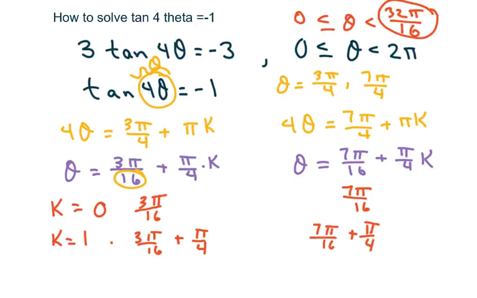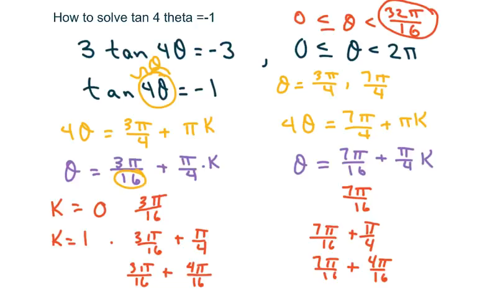Well, in this case, we want a common denominator of 16. So pi over 4 is going to be 4 pi over 16. This is going to be 3 pi over 16 plus 4 pi over 16, and this is going to be 7 pi over 16 plus 4 pi over 16.